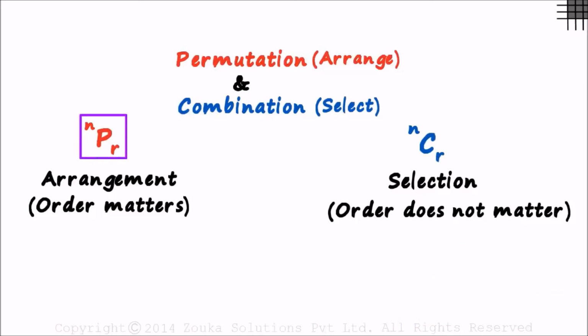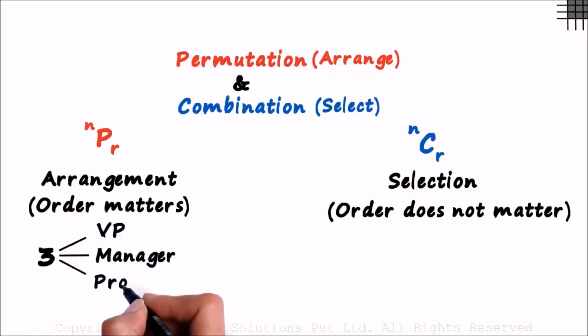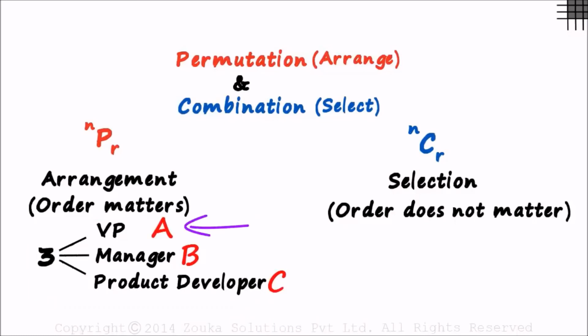Let me give you a permutation example. Assume we have to pick a team of 3 people out of the available 10. One of them will be chosen as a vice president, another as a manager, and another as a product developer. This is a classic case of permutation. The order matters. If we select A, B, and C, then it can be a case of VP, manager, product developer.